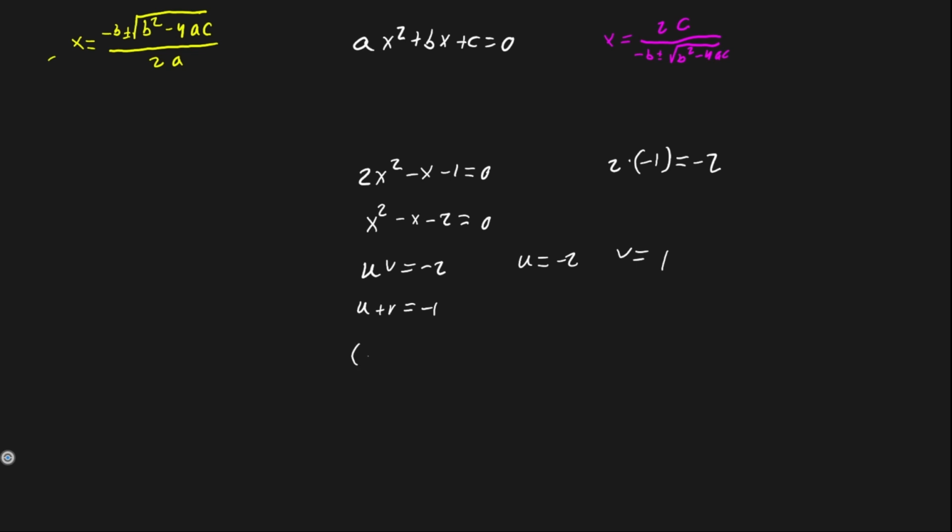So we write our factored form as 2x squared plus x minus 2x minus 1.